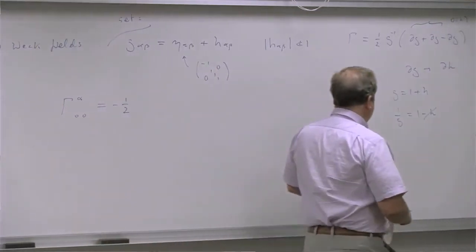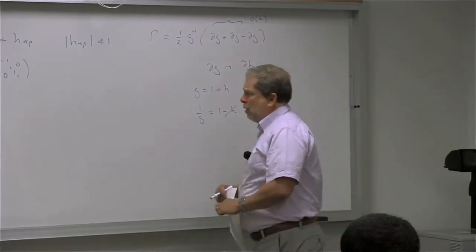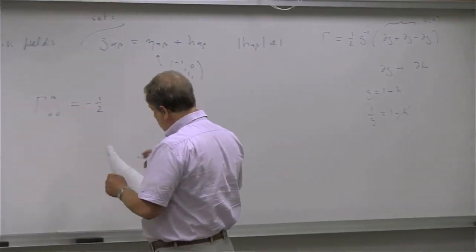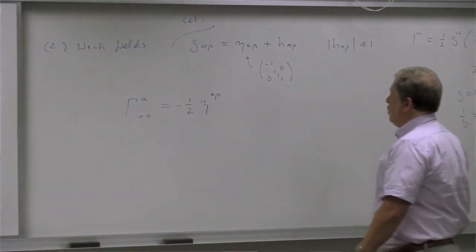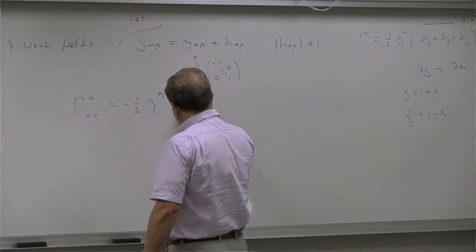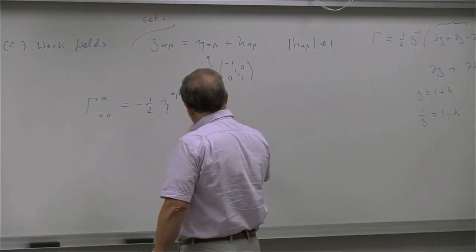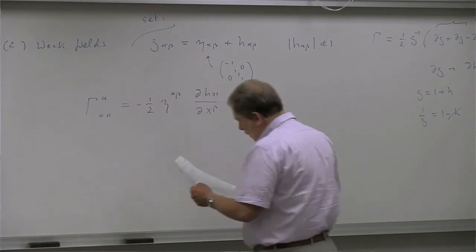So this is equal to -1/2. Where is the minus sign coming from? Well, the only term that contributes is actually this last one. So it's -1/2 times eta alpha beta. As I said, it's enough to take just the leading term in g inverse. And then the only remaining term is dh naught times dx beta.